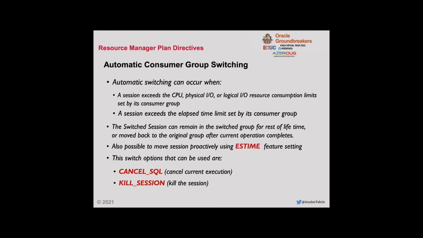The execution time estimate is obtained from the optimizer. The accuracy of the estimate is dependent on many factors, especially the quality of optimizer statistics. And in general, you should expect estimates to be no more accurate than 10 minutes.